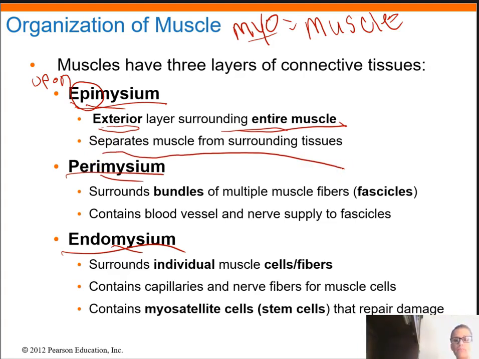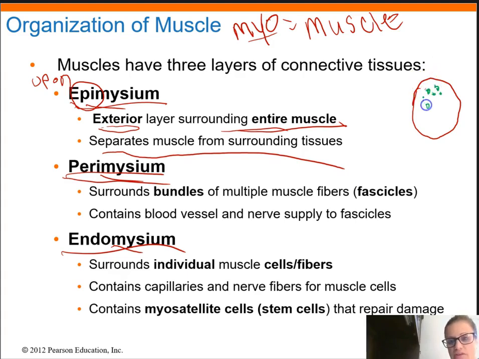Now, off of the epimysium, there's another layer. It'll break off and it'll go into the muscle. And that's the perimysium. So the perimysium, like say this was my whole big muscle. And that whole big muscle is made up of numerous different muscle cells.